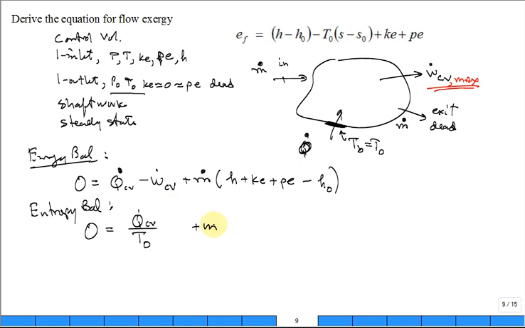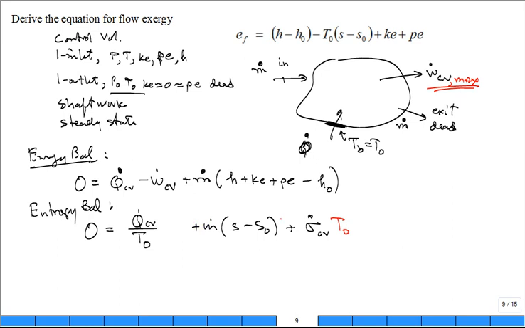We'll have m dot s coming in minus s naught going out, plus sigma dot CV. I pause. Did I get the entropy balance, the second law, correct? Look good? So we just take this equation and multiply by T naught.